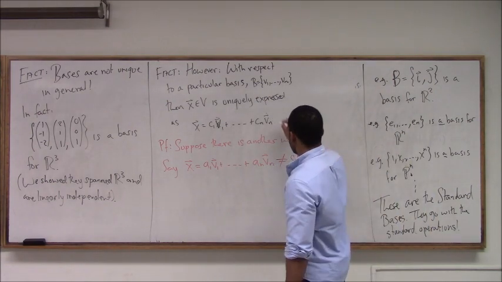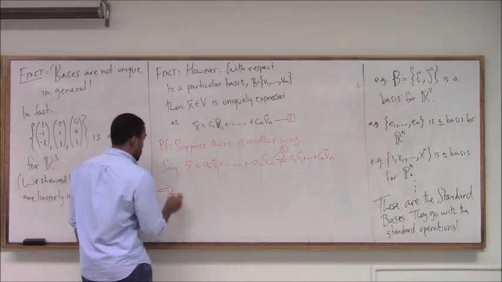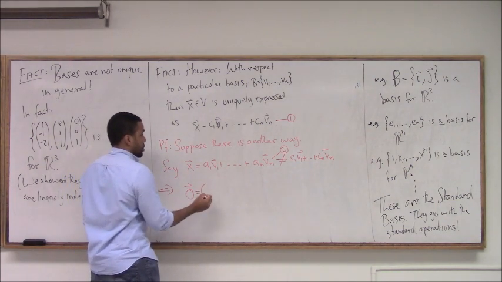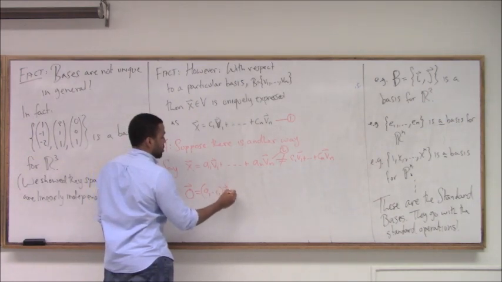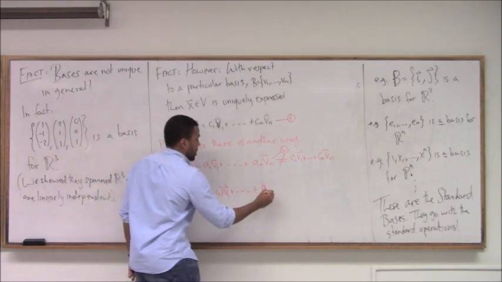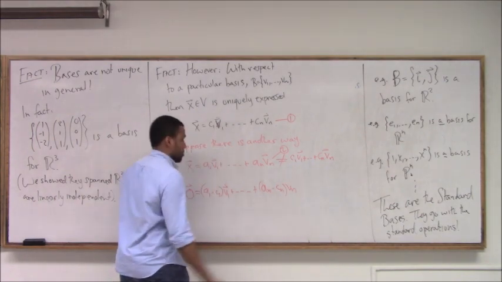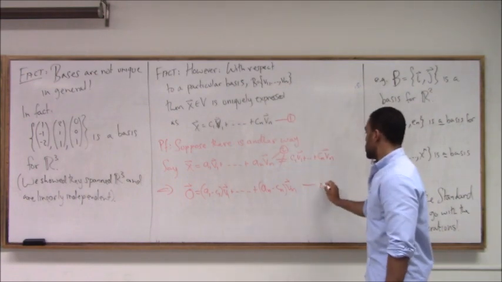If I think of this as equation 1 and that as equation 2, I can subtract them. This means x minus x gives me the 0 vector, and then I would have (a1 minus c1) v1 plus and so on, plus (an minus cn) vn, by taking equation 2 minus 1.